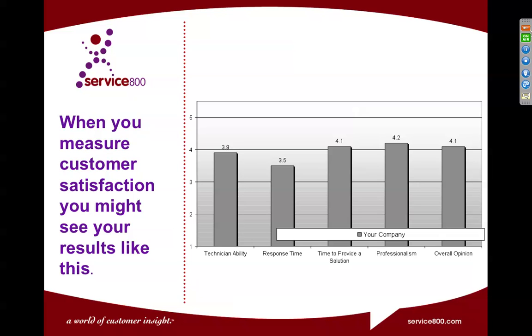In this example, we're seeing a chart that shows performance in each of those categories on a 1 to 5 scale, where 1 is poorest and 5 is best. And by the way, the 1 to 5 scale is the most used scale globally, so this is kind of a typical portrayal.